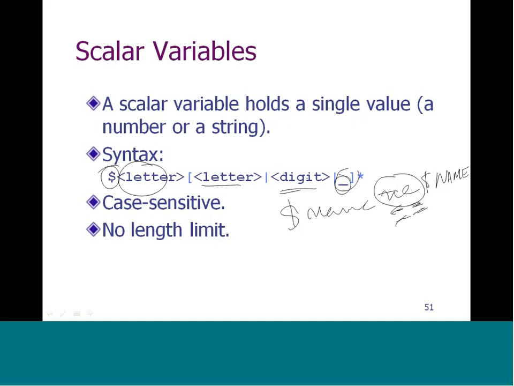Again, the variable names themselves are case sensitive, and there is no length limit for the variable names. I want you to keep in mind these rules and this syntax when you are writing, and I will ask you to follow one type of syntax.